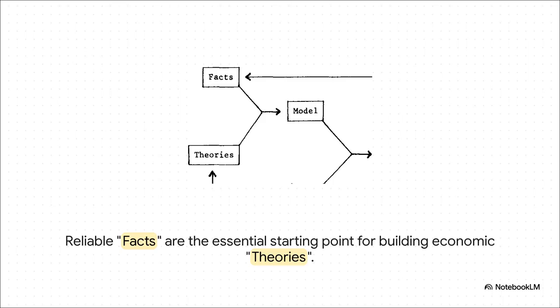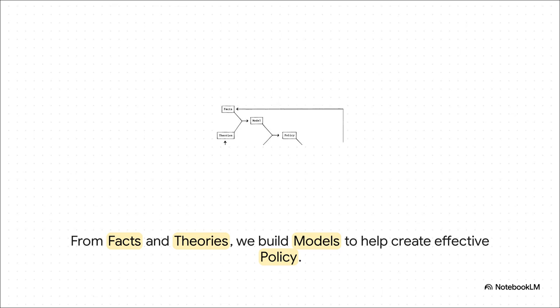Because without a shared, agreed-upon set of facts about what the economy is actually doing, any theory is just guesswork. And once you have that solid factual base, then economists can build testable theories and create data-driven models. And only after all that can governments design effective policy, like a tax cut or a big infrastructure plan, with a much, much clearer idea of what the impact might be on the whole system.